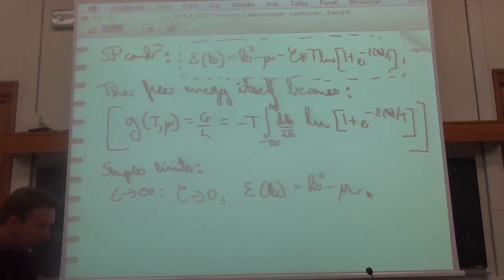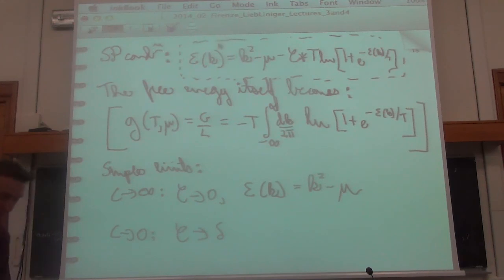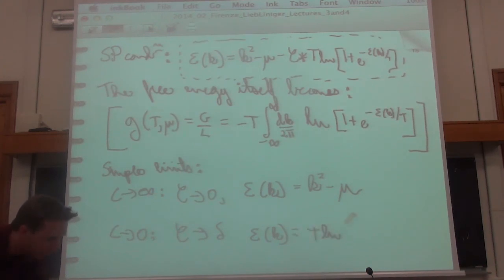If you take c going to 0, then the Cauchy kernel becomes the delta function, and that allows you to solve this equation quite easily. So you just get the epsilon of k that is given in the notes, t log of e to the k squared minus mu over t minus 1.